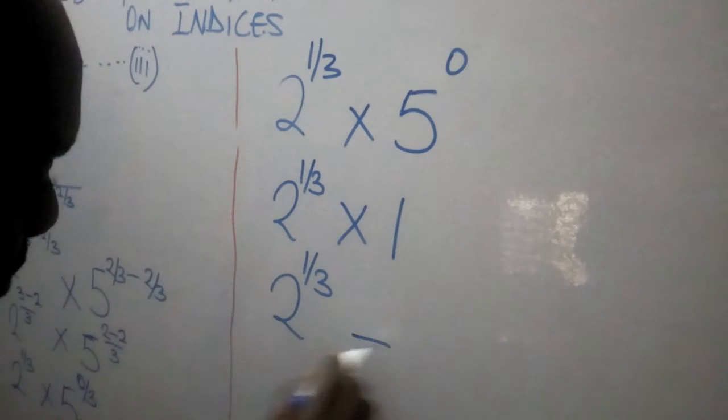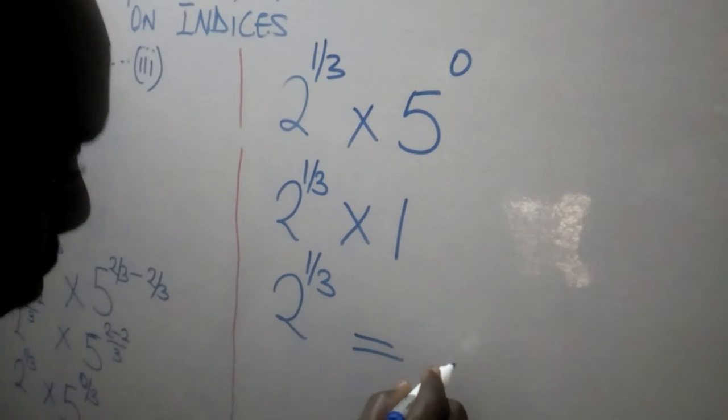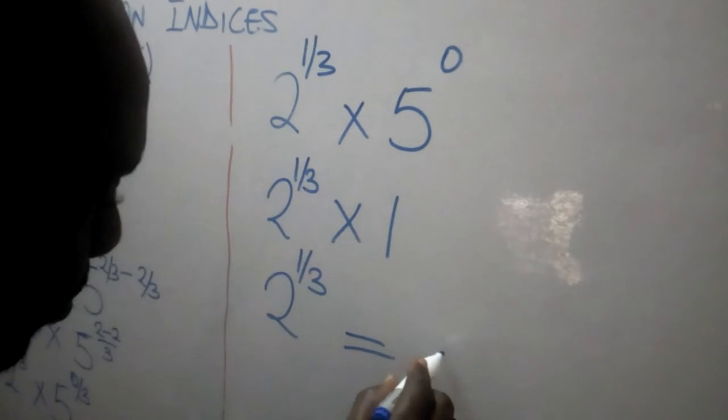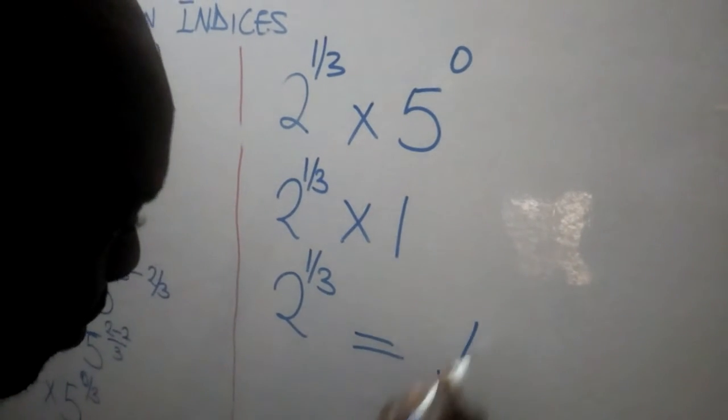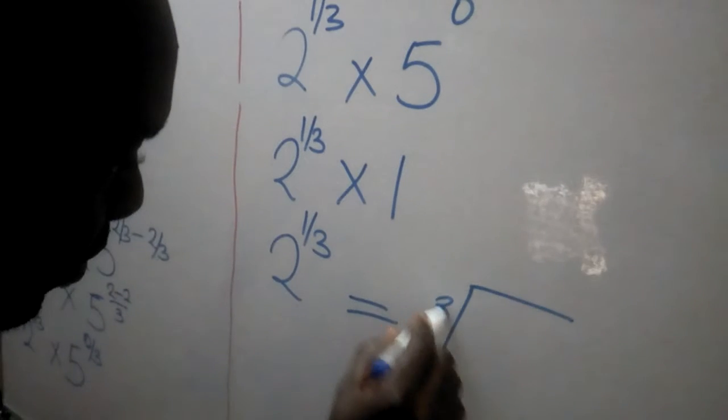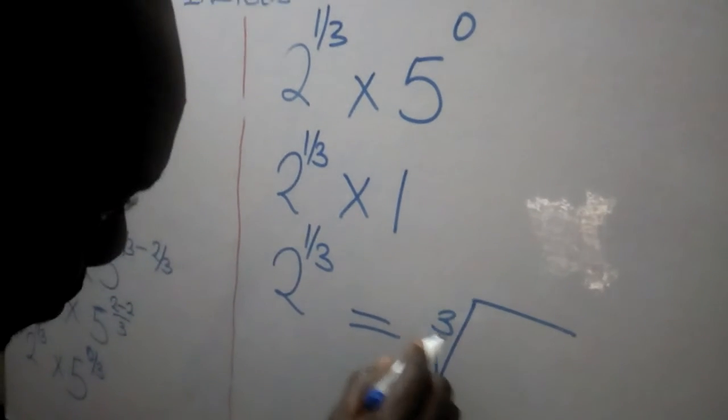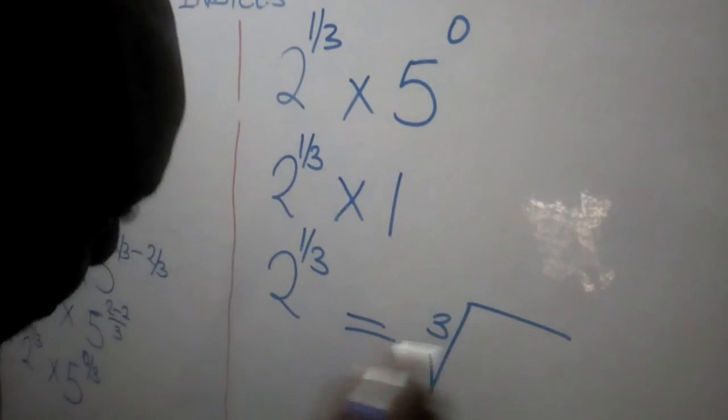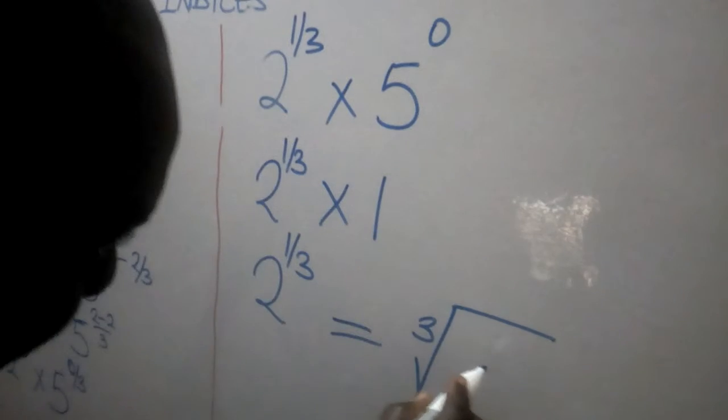And this is equal to what? Root 3 of 2, which is 2 root 3.